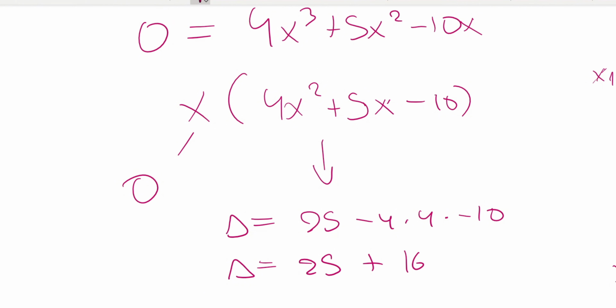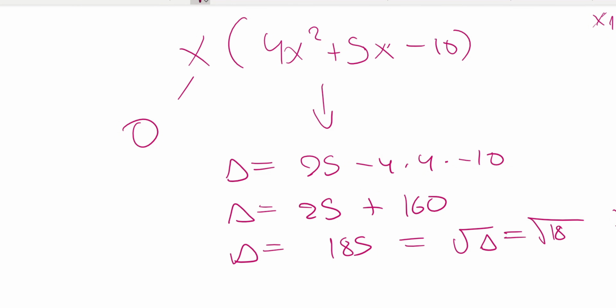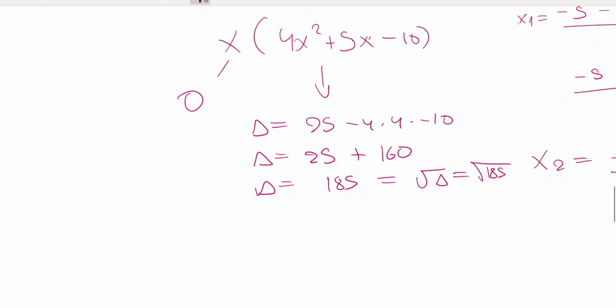So this is going to be plus 160, and 160 plus 25 is going to be 185. So what's the square root of that? I don't think it does have one. No, it doesn't. So this is going to be 185, and obviously square root delta is going to be the square root of 185. So now we can just do the x1, x2.